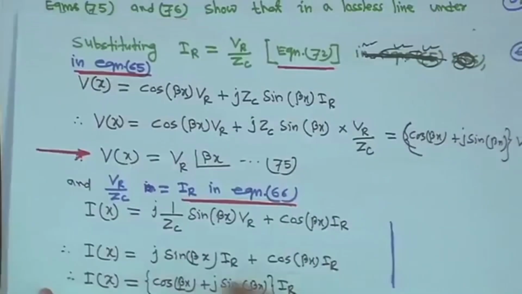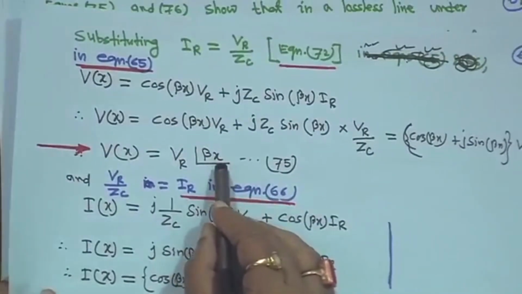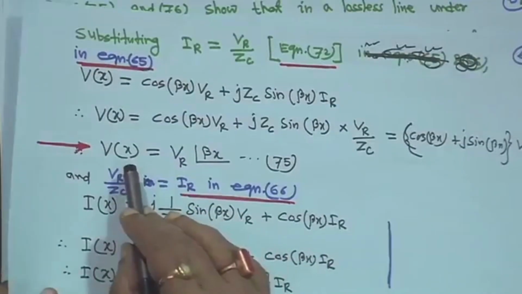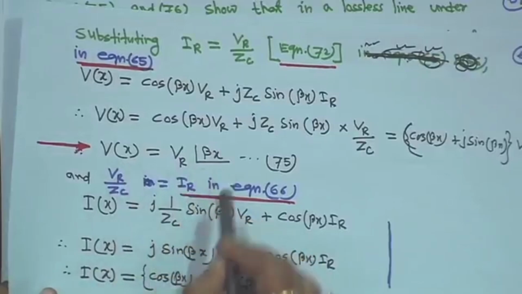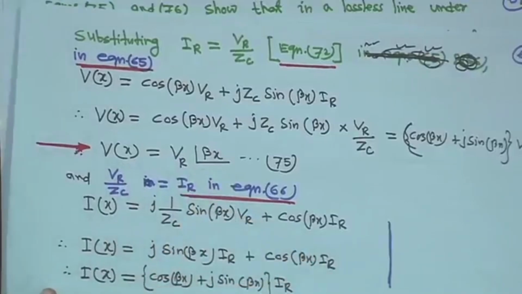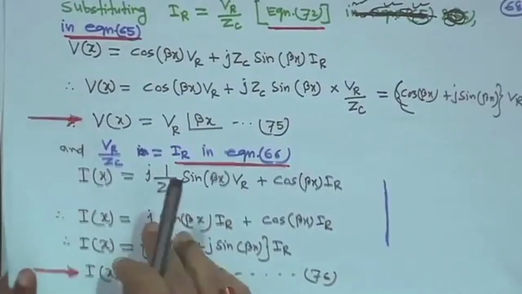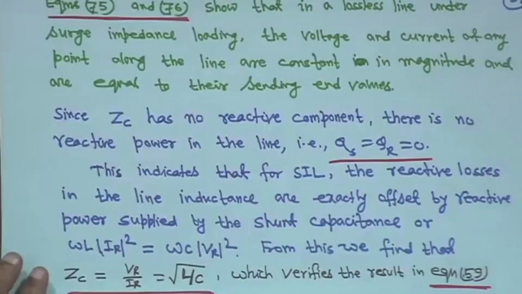If you put x is equal to L, then Vs is equal to VR angle beta L, and Is is equal to IR angle beta L, equal in magnitude to their sending end values.